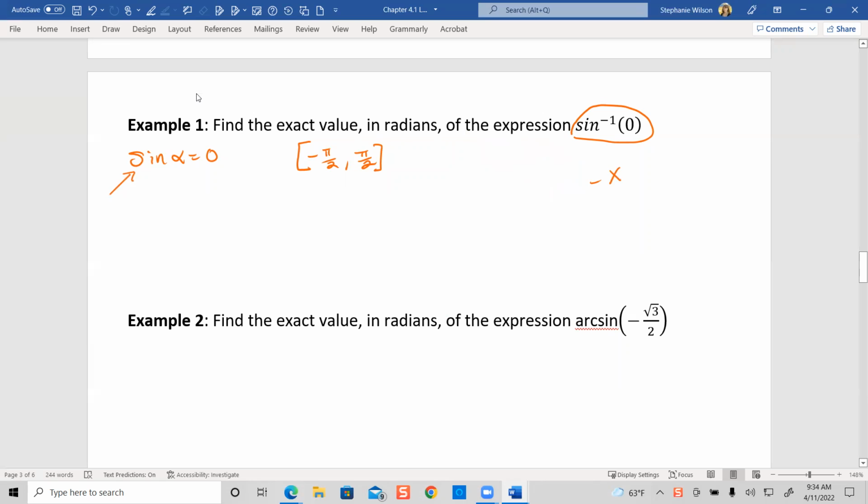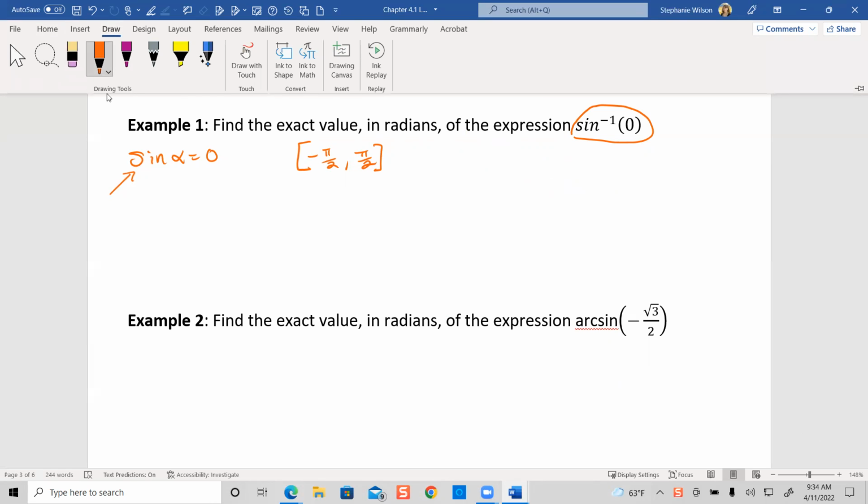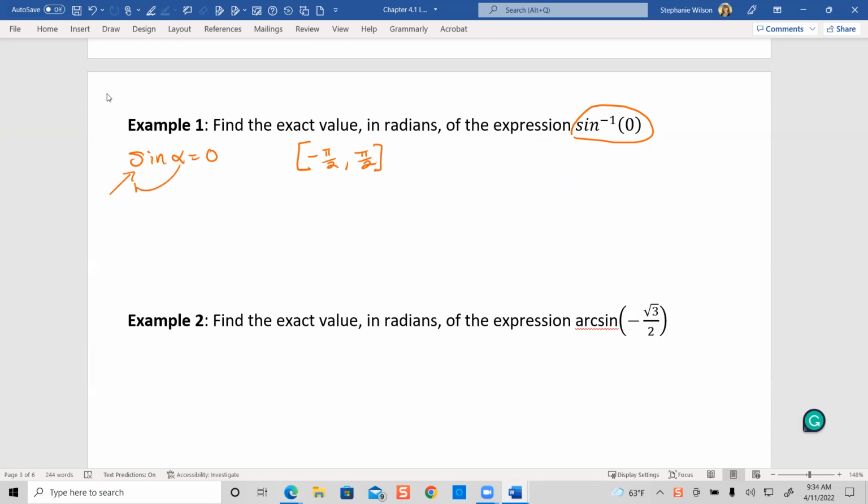But using that knowledge, to find the inverse of this function, I need the alpha to come out front. In order for that to happen, we have to take the inverse of the sine. Now I know sine of 0 is 0, so its inverse is going to be 0. So my answer is 0.